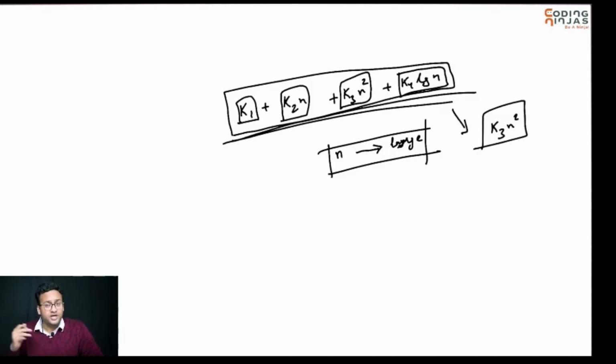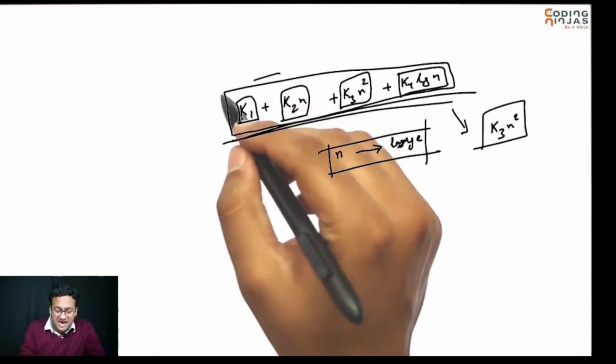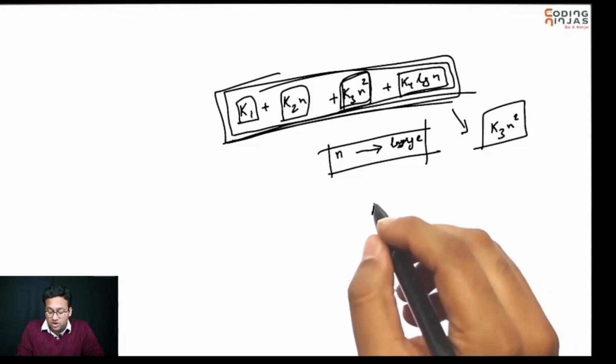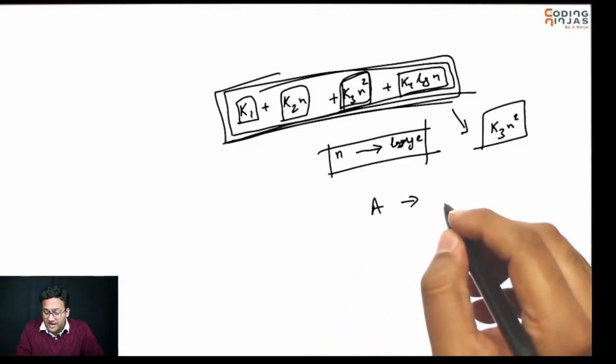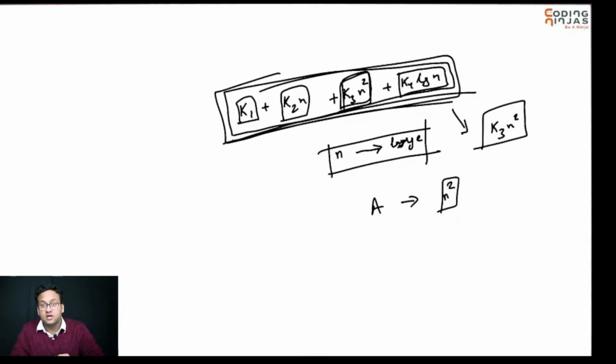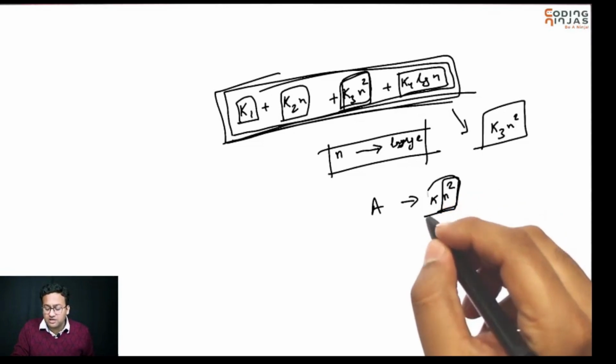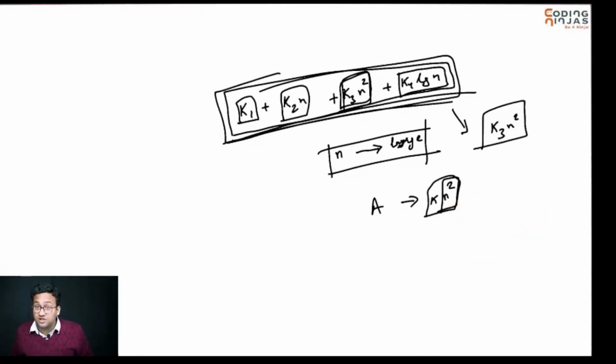So while we are communicating with somebody, we don't tell them the exact structure. We just tell them the largest term, the term which contains the highest degree of n. That's where we are going to focus. So if I am telling somebody, hey, my algorithm A is very fast, it's n squared, then they would understand that there is some constant which should be multiplied to n square, and this is the amount of time your algorithm is taking.